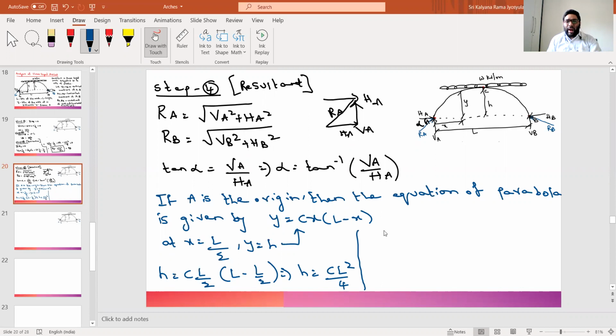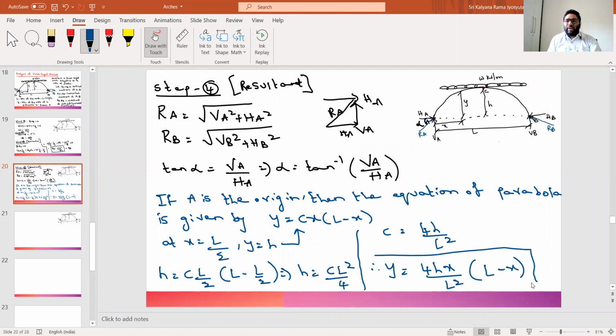And what is C now? C is equal to 4h by L square. Therefore, y is equal to 4hx by L square into L minus x. So this is one of the very important expressions to get the equation of parabola with A as origin.